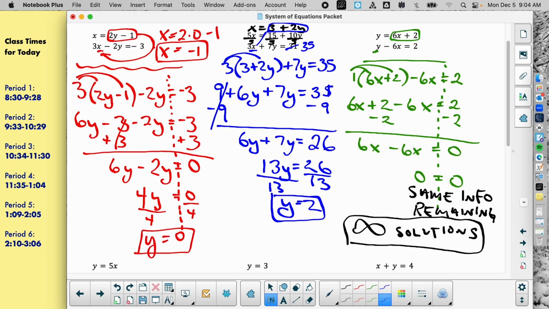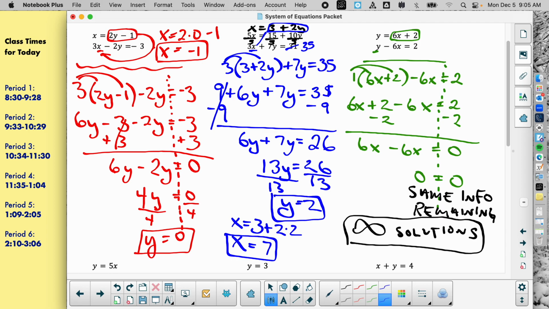But you can put it into any of them, so don't feel stressed out because you don't remember where to put it. So I'm going to do x equals 3 plus 2y, but now I know what y is. y is 2. 7? Good.